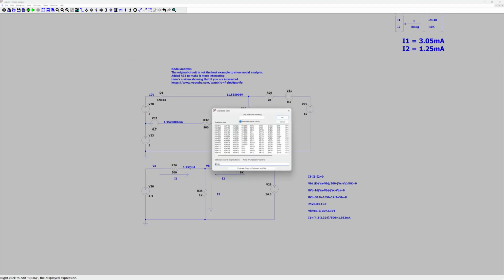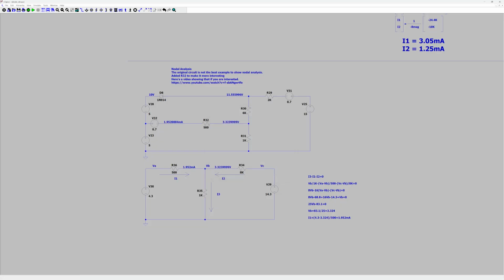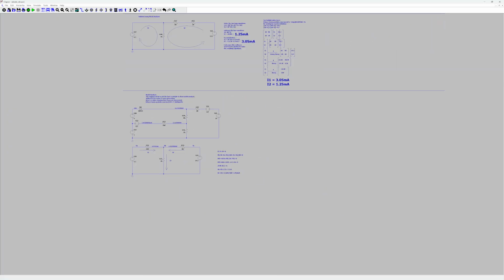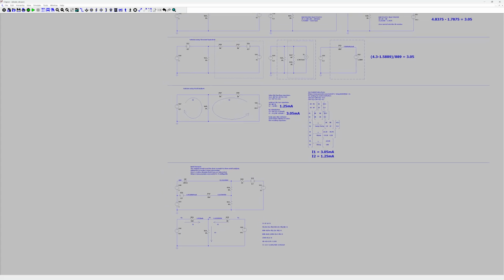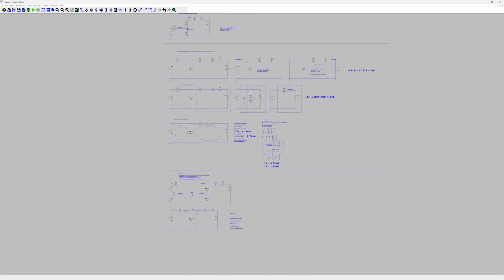If I right click on that, you can see that I have it, the current through R36. So that is some pretty basic circuit analysis using 4 methods, maybe 5 if you include being able to just look at it. 1, 2, 3, 4, 5 methods to solve some circuits.